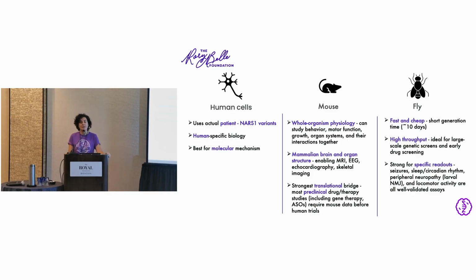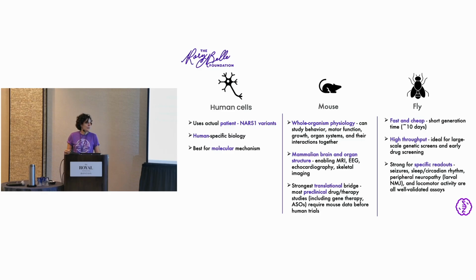With mice, we can look at whole organism physiology. Mice have a working brain, just like flies, and we can look at how they walk. We can look at how they behave, whether they're anxious, whether they're communicating with their peers. So there's a lot we can do with mice. They're mammals just like us, so that also makes it easier, and you can also look at EEGs.